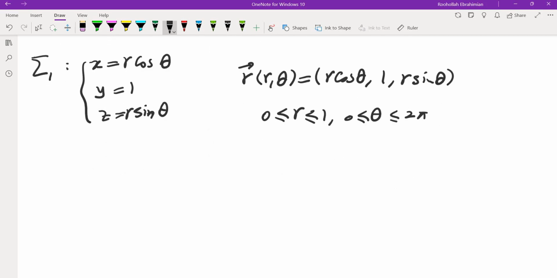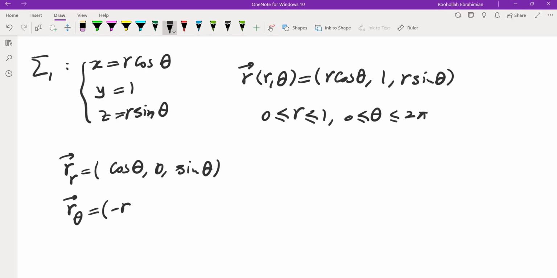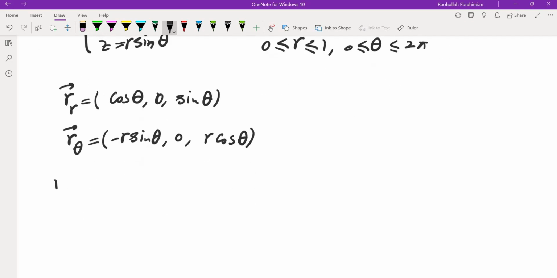Next, we're going to have to find the normal vector and then make sure that the normal vector is pointing in the negative direction of the y-axis. So r sub r is going to be cosine theta, 0, sine theta. R sub theta would be minus r sine theta, 0, r cosine theta. If we find the cross product, we get 0 for the first component.